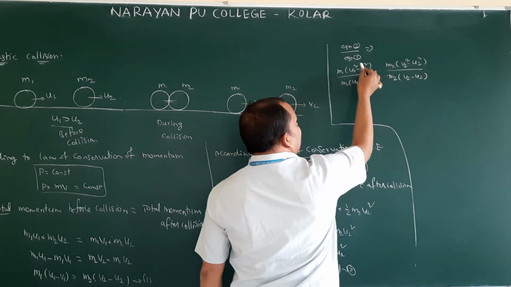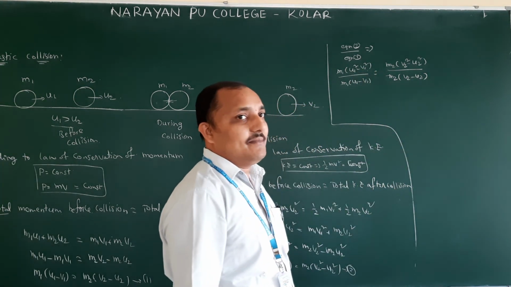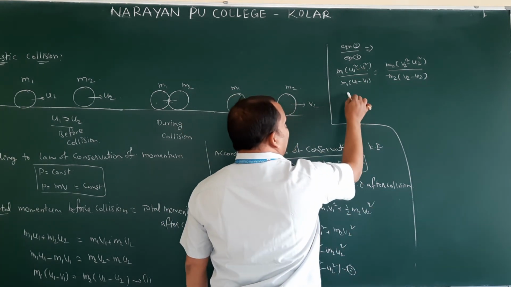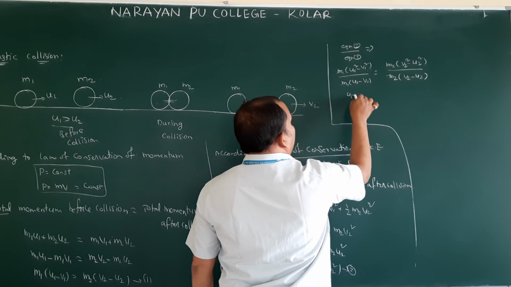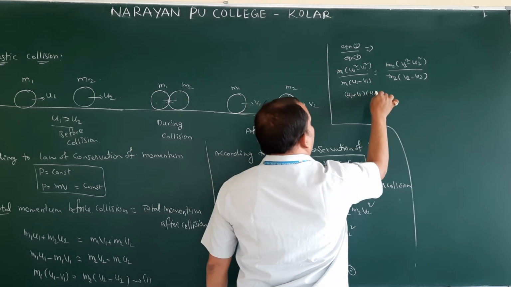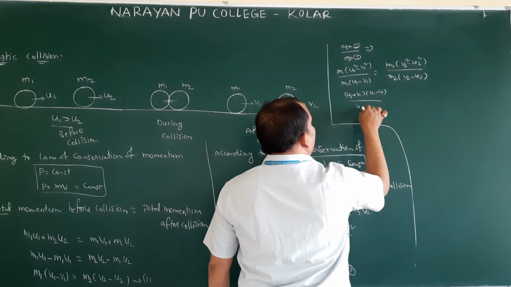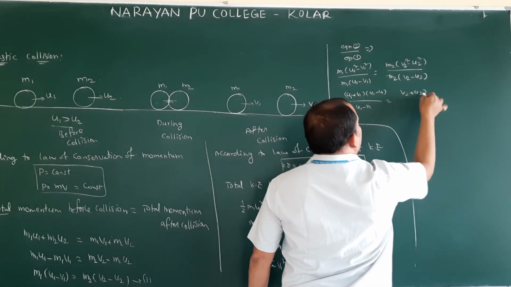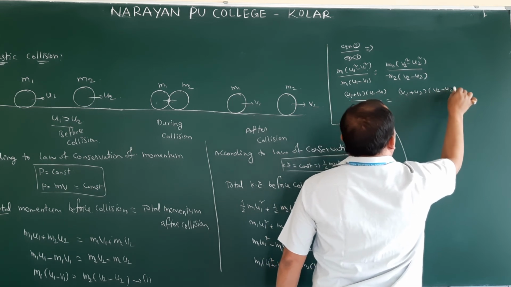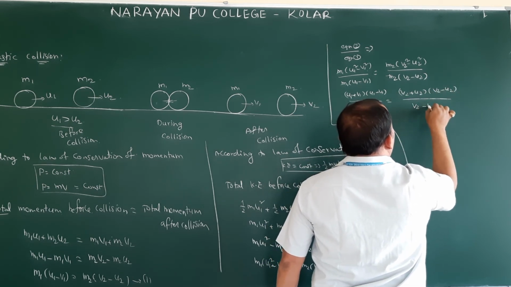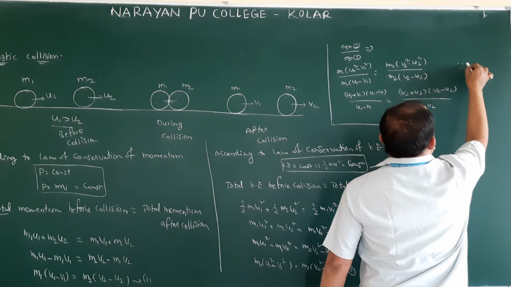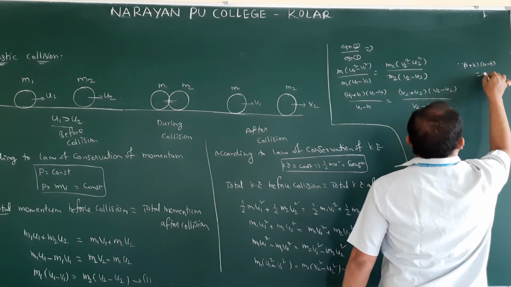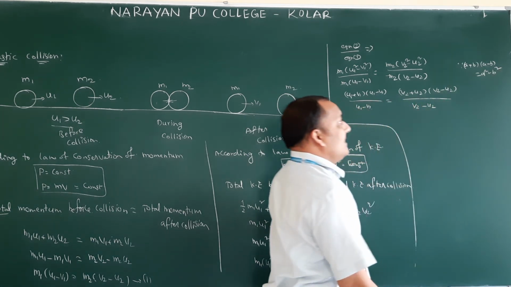Then this is a square minus b square. How we will write a square minus b square? a plus b into a minus b. Similarly, (u1 plus v1) into (u1 minus v1) by (u1 minus v1) is equal to (v2 plus u2) (v2 minus u2) by (v2 minus u2), since (a plus b) into (a minus b) equals a square minus b square.